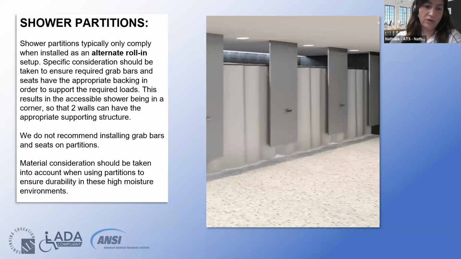Also, you always have to take into account materials that are resistant to moisture. So, HPL would not be the best material to consider for a shower partition. But if you choose a compact laminate or any other water resistant material, you always have to keep that in mind when designing a shower partition.